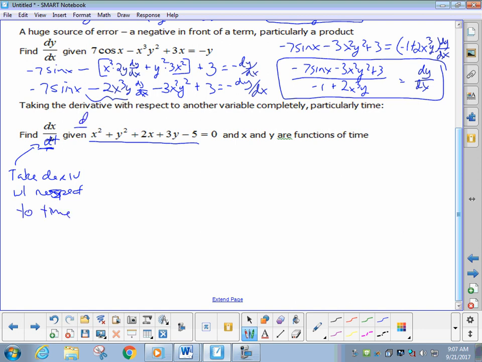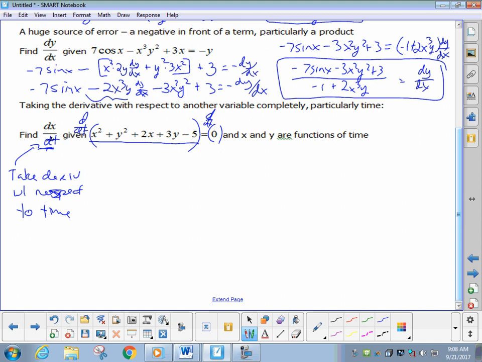If I take the derivative with respect to time of both sides of the equation, instead of just one type of differential term or dy/dx term, I'm actually going to get a couple different types.